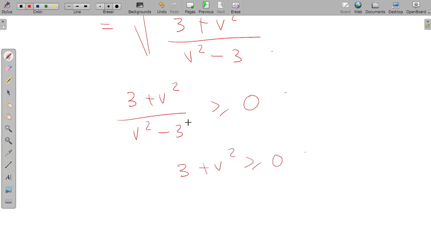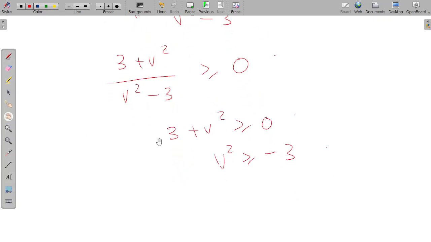If I multiply through by this one, then I will have v squared greater than or equal to negative 3. So v squared must be greater than negative 3. Then we are going to have v greater than or equal to root of negative 3. We don't want that one. For now, we cannot undo negative 3, because this is a complex number.